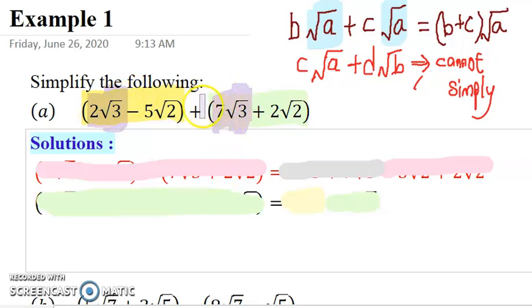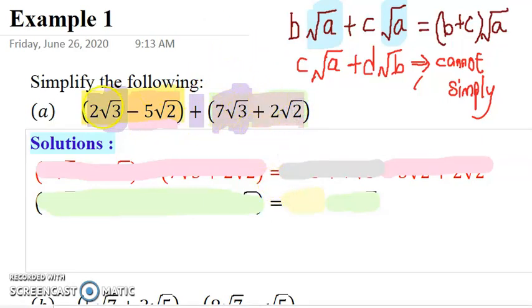So I can undergo the operation of plus, like what we see in the properties I explained just now. Whereas the other one, minus 5 square root of 2 and plus 2 square root of 2, we can also simplify.